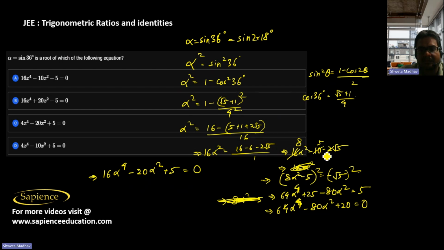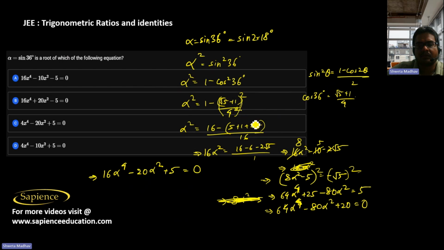So this will be 10 minus 2 root 5. Okay, so alpha is equal to sine 36. Root 5 minus 1 by 4 whole square.